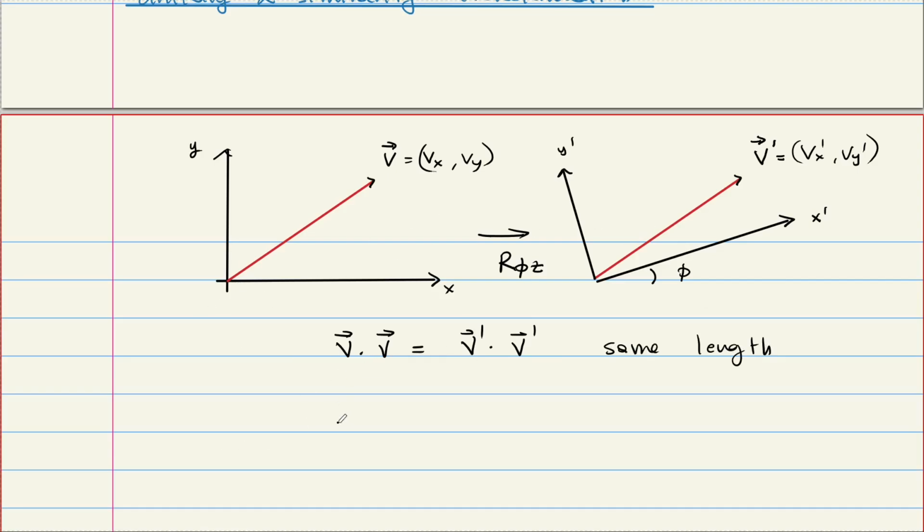But I can also look at two different vectors, v1 and v2, and the inner product between them in the first coordinates. Because their lengths do not change, the angle between them does not change with the coordinate transformation. Therefore, this angle should also be preserved, and I will put primes here.